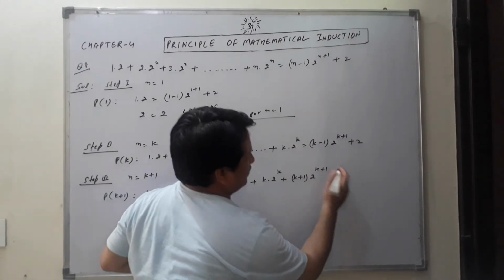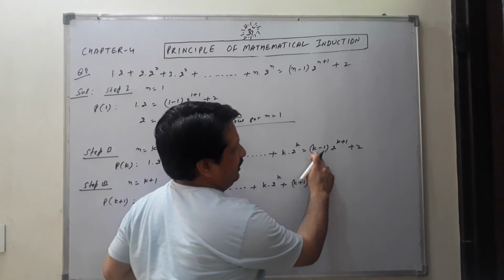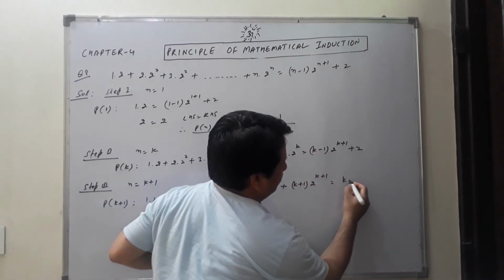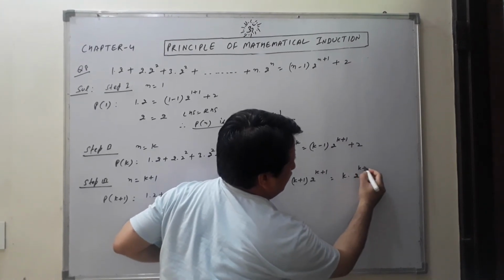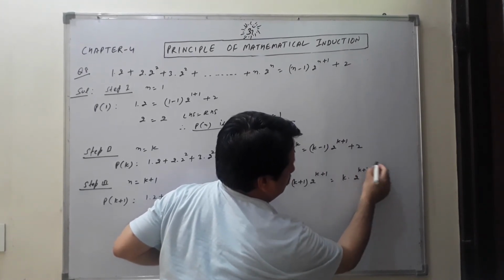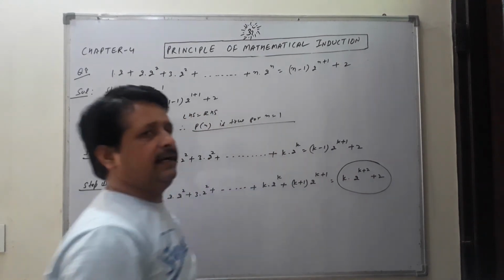Now here, students, we are making this k as k plus 1, so it will come as k only into 2 to the power (k plus 2), plus 2. This is our right hand side.